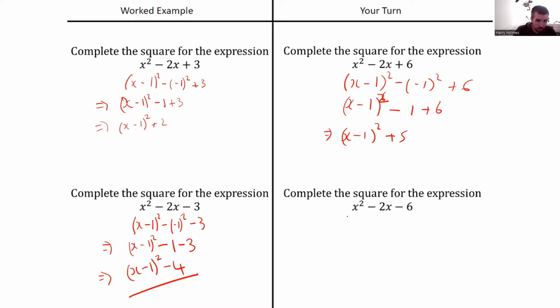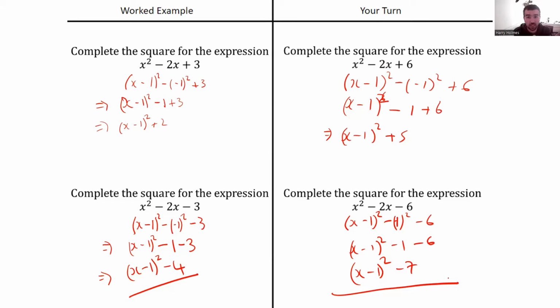And the second one, again, it's x take away 1 squared, take away that minus 1 squared, minus 6. That becomes x take away 1 squared, minus 1 minus 6, which makes minus 7, and we've got x take away 1 squared minus 7 as our final answer.